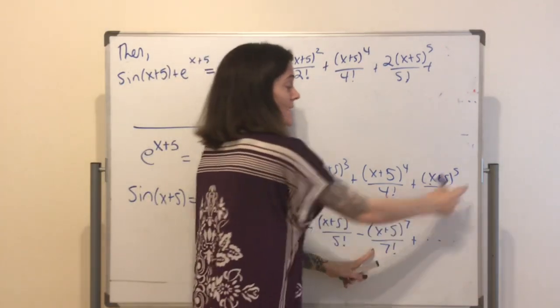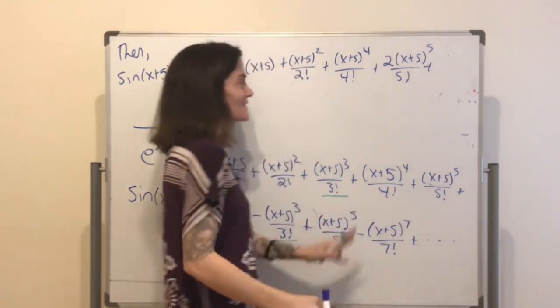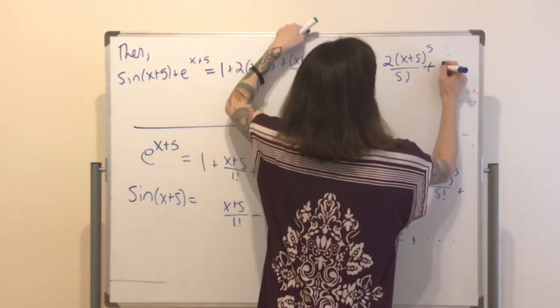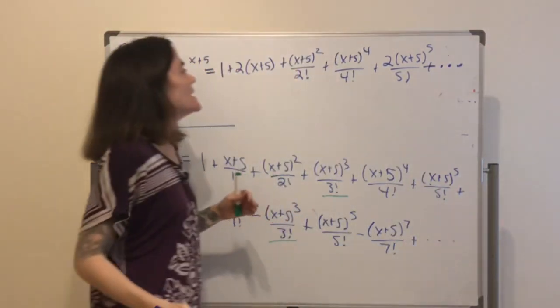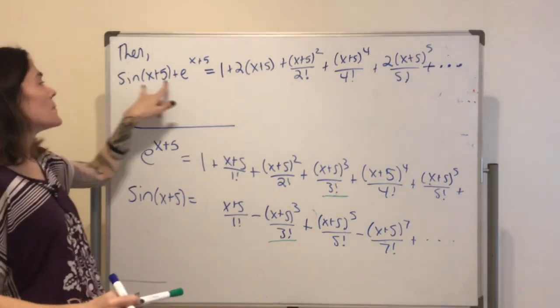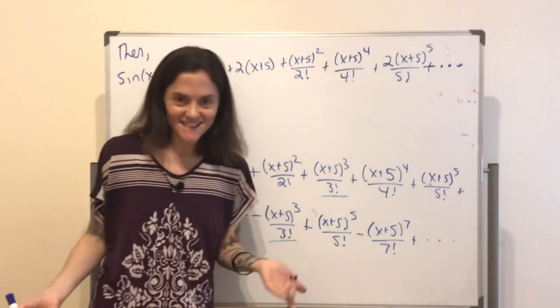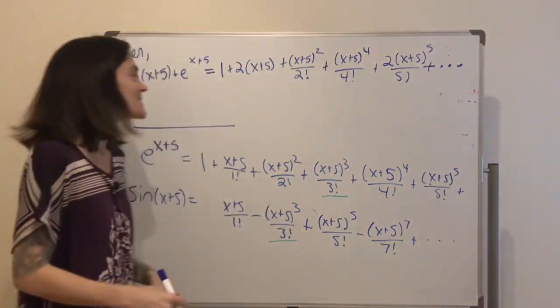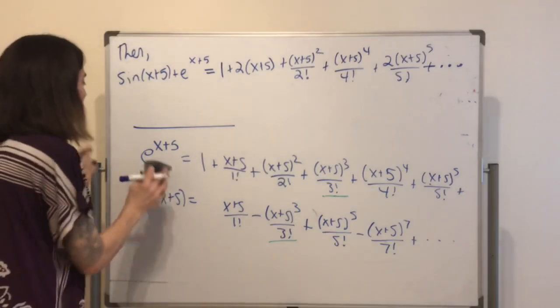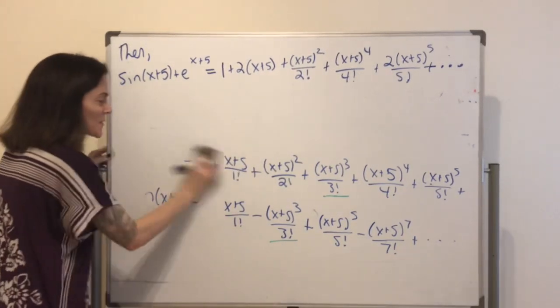The 7ths would cancel like this, but I have 1, 2, 3, 4, 5 non-zero terms. I will stop here. So this is a power series representation for the sum of these two functions centered at x equals -5.